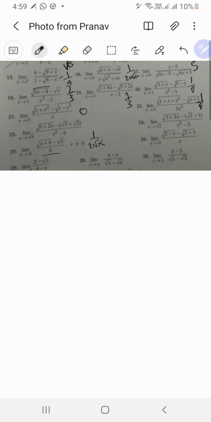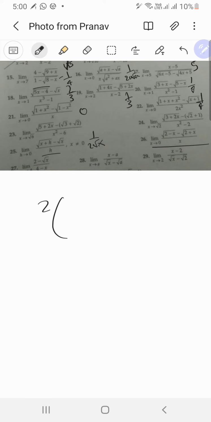Next, x tends to 0. I was thinking that maybe we can also do it like that. Okay, so this can also be written as a derivative, correct? So this thing also looks somewhat like the derivative of square root of x, except we have to make a slight modification.